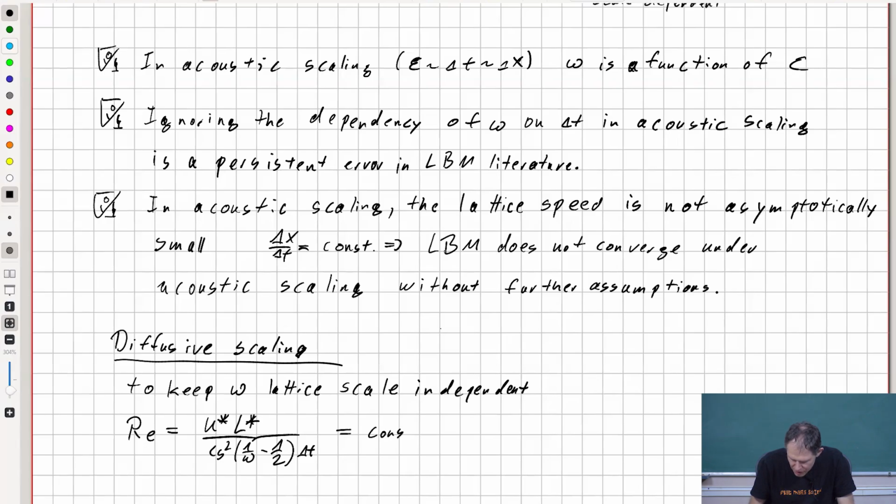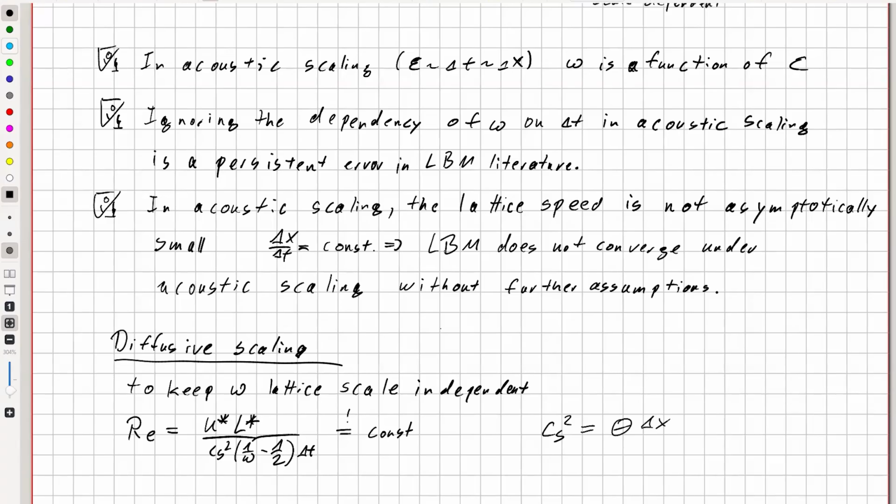So this, of course, the Reynolds number has to be constant, but we also want to have omega equal constant. So now we take what we've actually already introduced, the CS square. We define this as theta, dimensionless, which we call the dimensionless temperature, into delta x square by delta t square. So this guy here is dimensionless. And it has a physical meaning of a temperature. This is why we call it the dimensionless temperature.